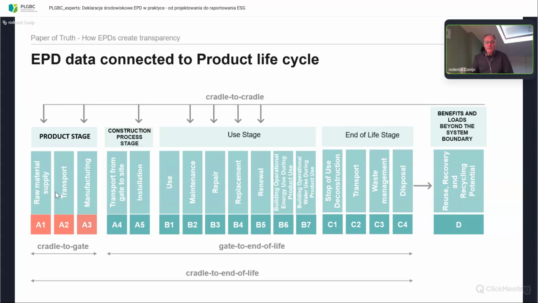The data collected in the cradle to gate, so A1 to A3, are the only data within an EPD which are factual and measurable, because those data are collected after production.